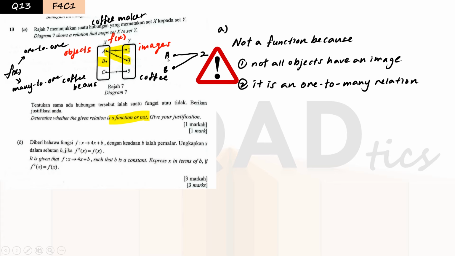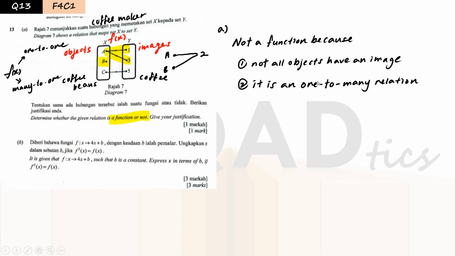Put these two into the coffee bean scenario: say there is 50% of coffee bean A and 50% of coffee bean B. If I mix them together in this coffee maker, it will produce one type of coffee. That makes sense, because we are just mixing up the coffee beans. So for functions, we only have two relations, one-to-one and many-to-one.